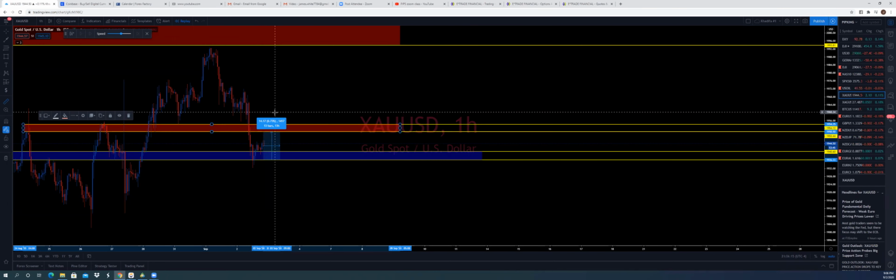This move here could have been a catalyst to cause that move I've been waiting to see, for gold to come back down and retest 1863 and continue its bullish move.